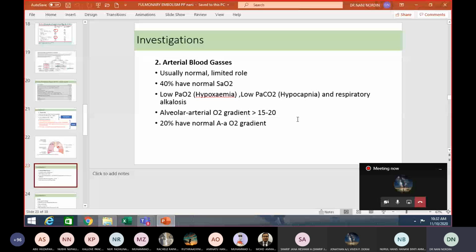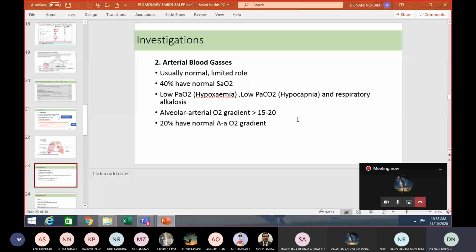Arterial oxygen is from your ABG. So the gradient, the A-a oxygen gradient, is usually high in pulmonary embolism.